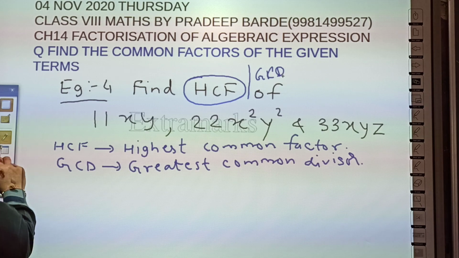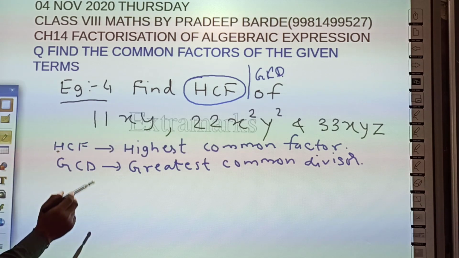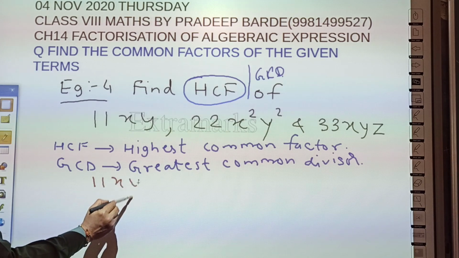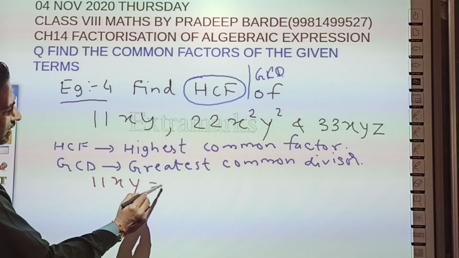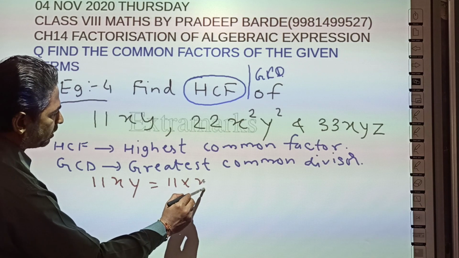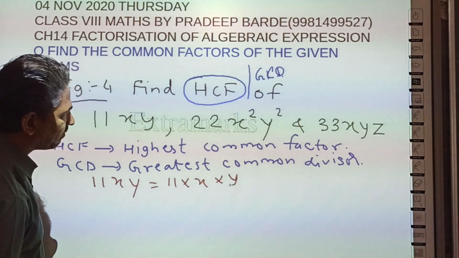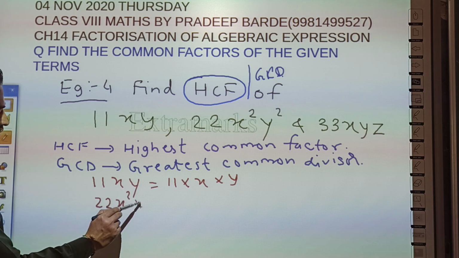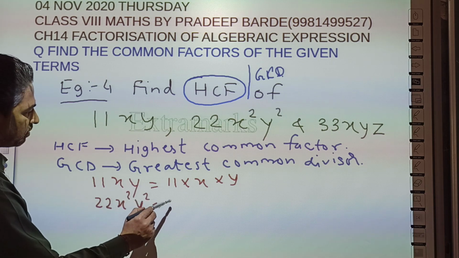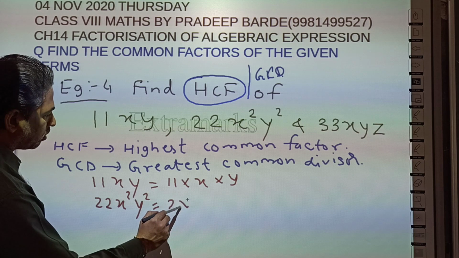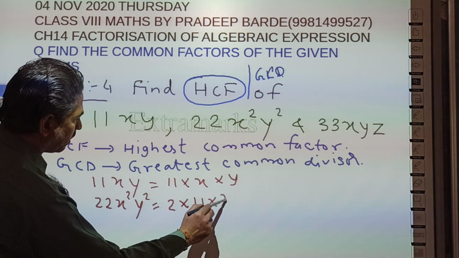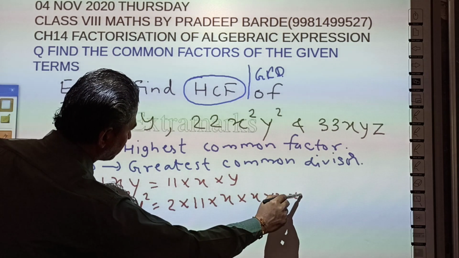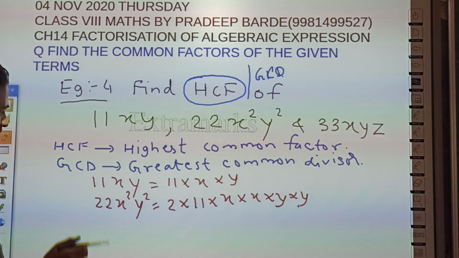Now let's see the solution to this question. 11xy can be written as 11 into x into y. Further, 22x square y square can be written as 2 into 11 into x into x into y into y.